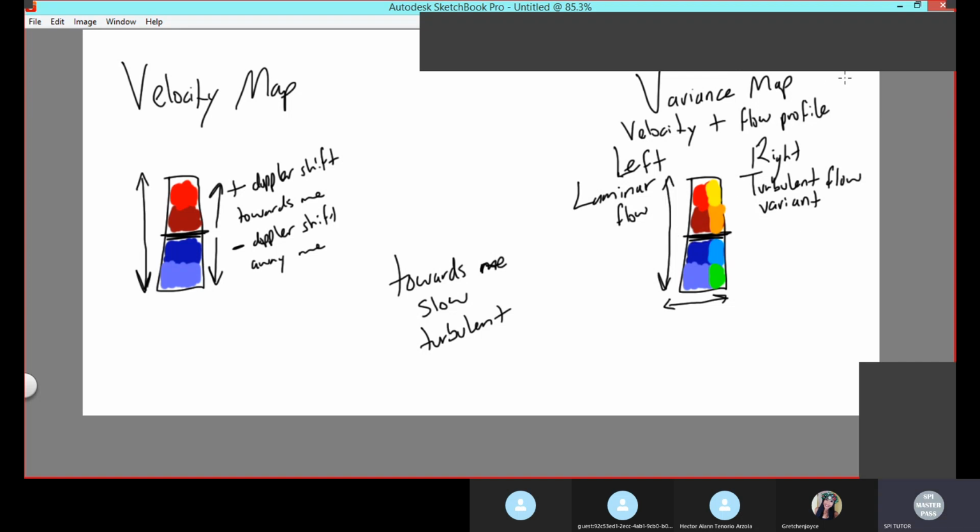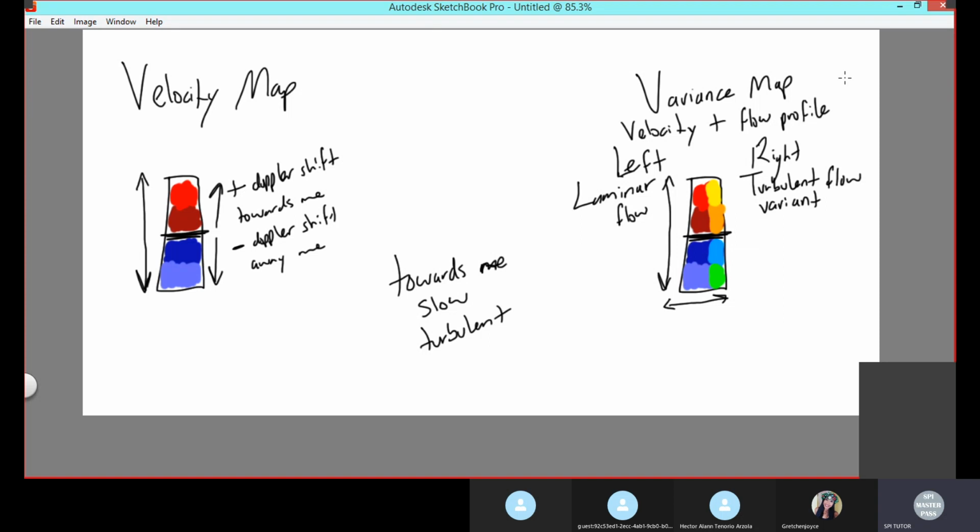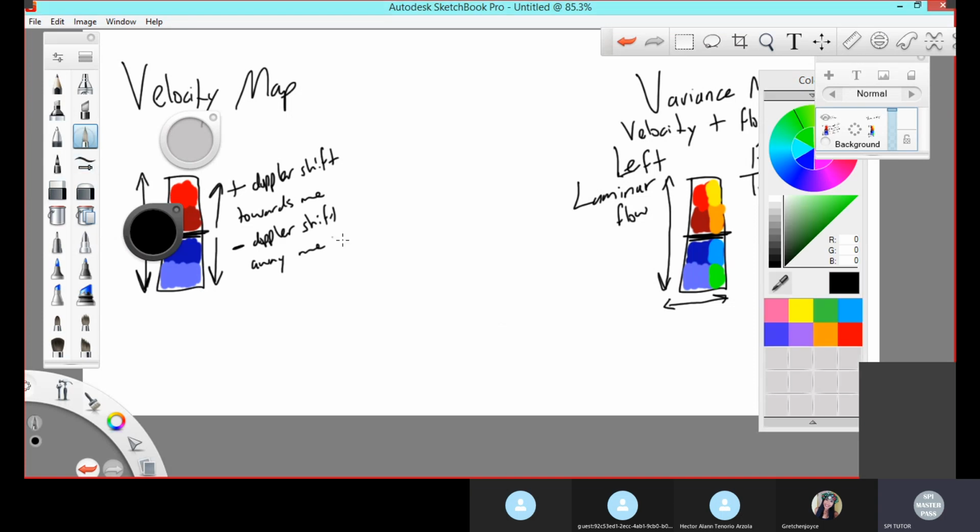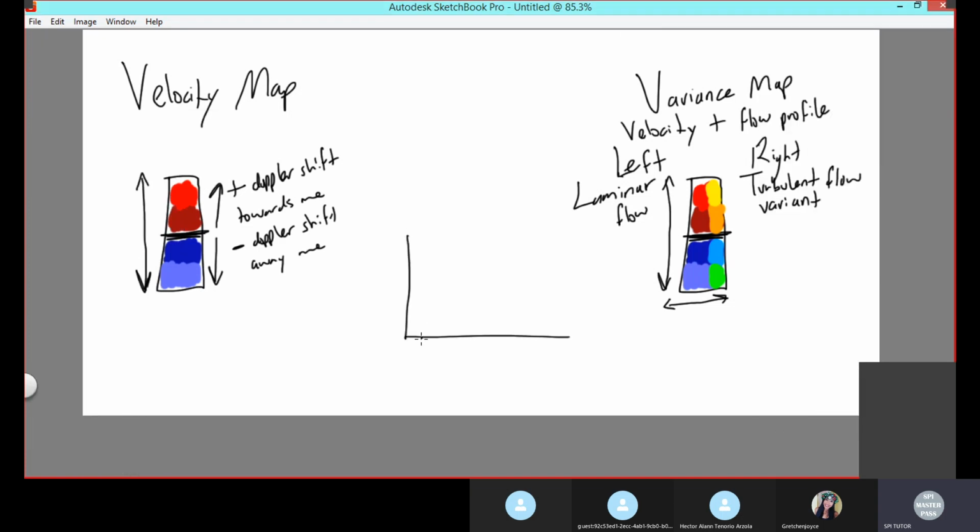Good. So those are the maps, all right? Aliasing, I'll do it in chapter 20.